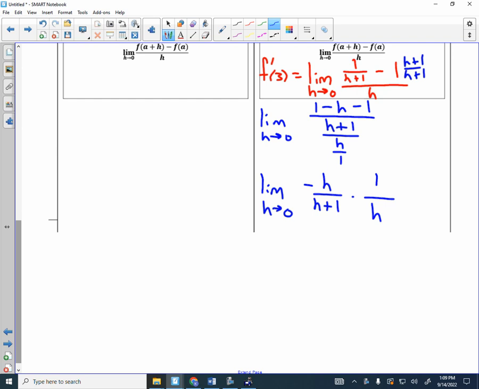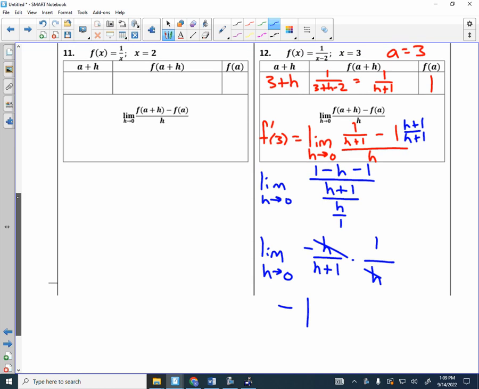So now we cancel. Can I now plug in 0? And what do you get? Negative 1. That's your derivative. Now, suppose that Michaela, okay, she doesn't have her calculator, or she doesn't want to go to it. She doesn't have enough time to type it in, but she's trying to check the reasonableness of her solution.